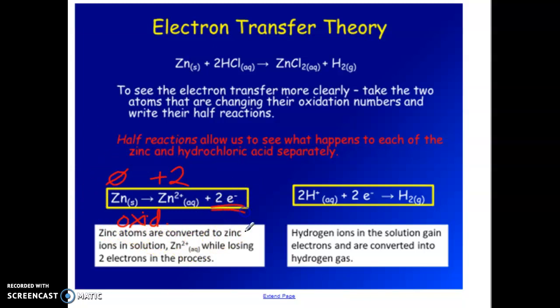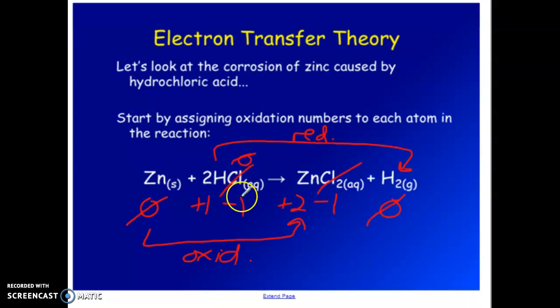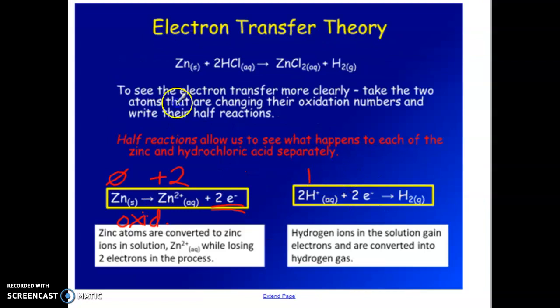So the number of electrons are written on the product side because they are being lost as a result of this transition. Whereas over here we have hydrogen that is gaining electrons to become hydrogen gas. Let's go back for a second. So hydrogen is going from +1 to 0. But you'll notice here, so +1 down to 0, that's a gain of only 1 electron. However, when you're writing out the half reaction, you have to include the total number of electrons that are being transferred.